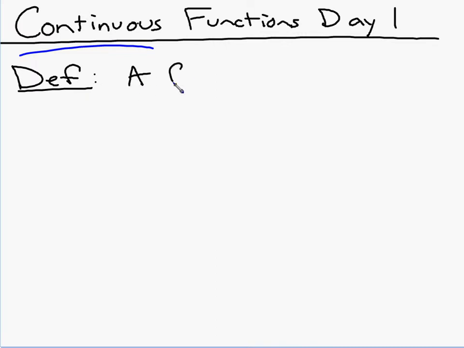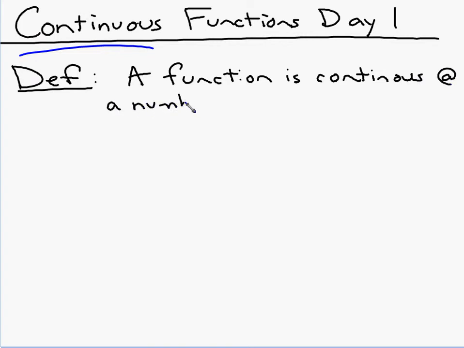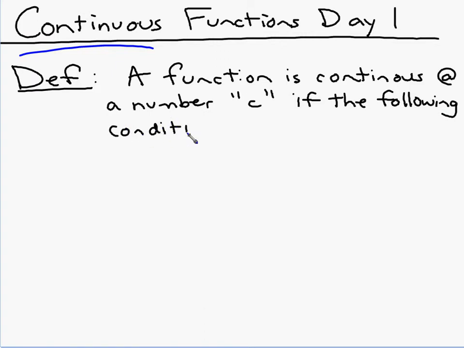A function is continuous at a number C, I love saying that, at a number C, if, just because it sounds so funny, if the following conditions are satisfied. And I believe we have three of them.